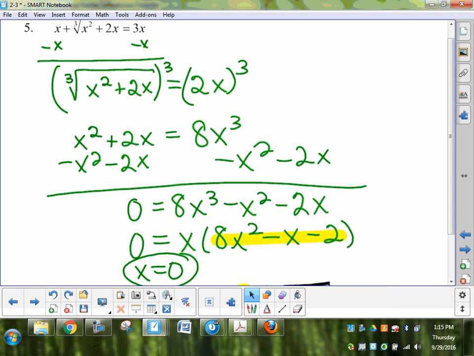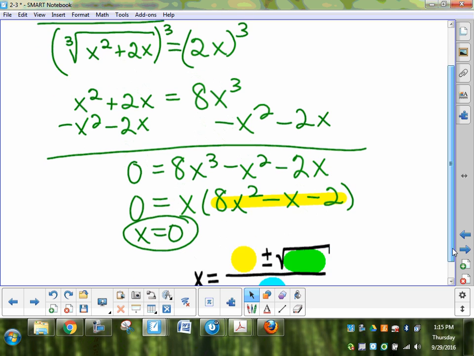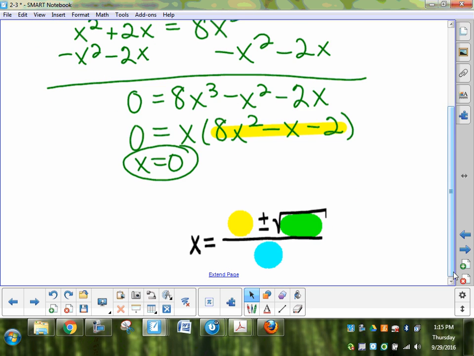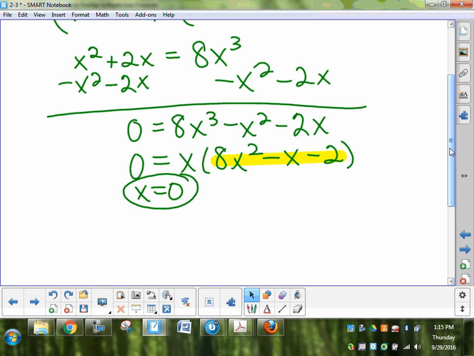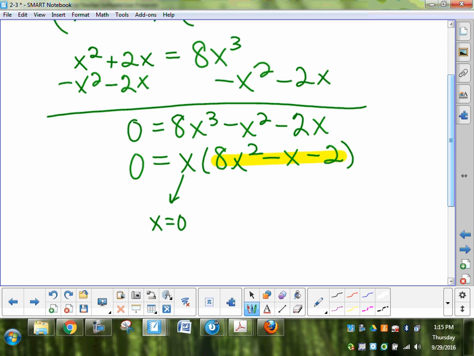And the second thing that I know, I set this factor equal to 0: 8x squared minus x minus 2 equals 0. The problem is that doesn't factor down.